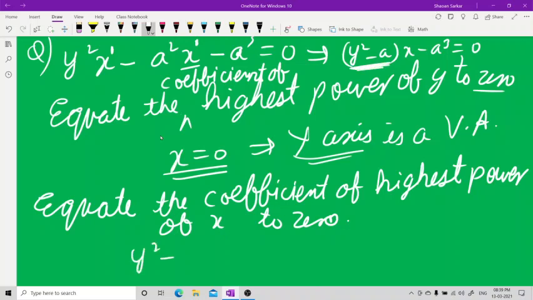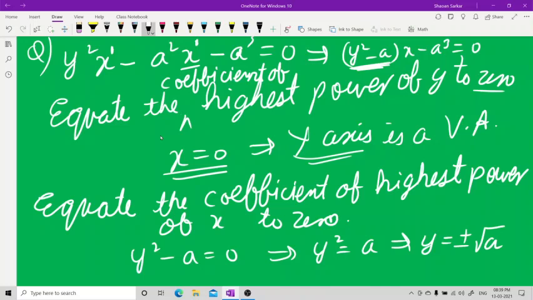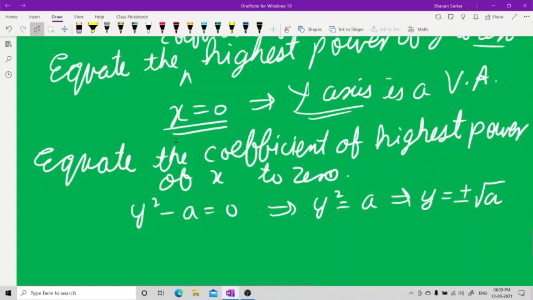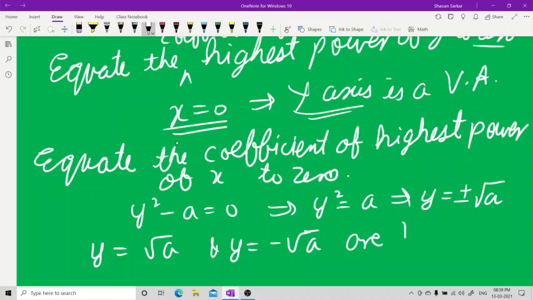So y square minus a is equal to 0 implies y square equal to a implies y is equal to plus minus under root of a. That means y equal to under root a and y equal to minus under root a are horizontal asymptotes. I am writing in short; you will write in full in the examination hall.